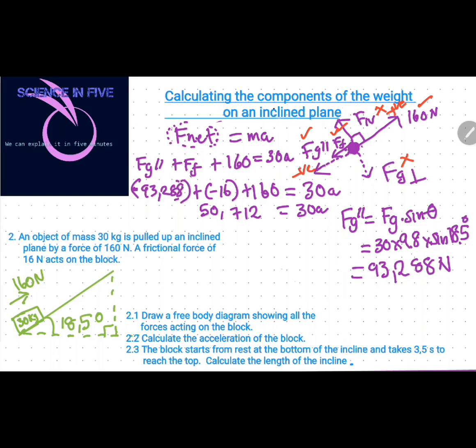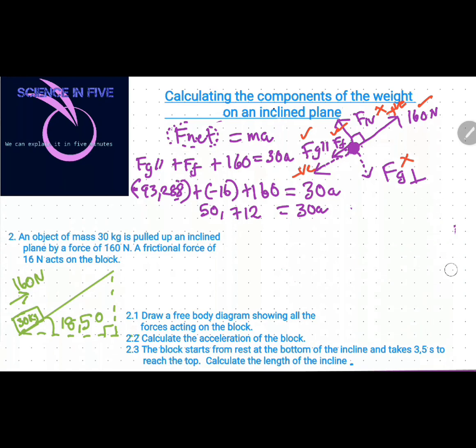Right? I can now remove this. We've already seen, sometimes it's better to do the calculation for Fg parallel on the side. Avoid entangling this. Okay? So now I can work out what A is by dividing both sides by 30.